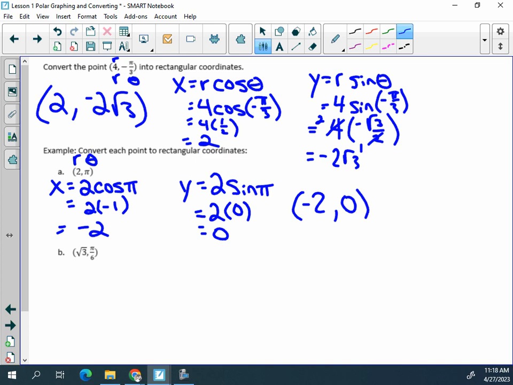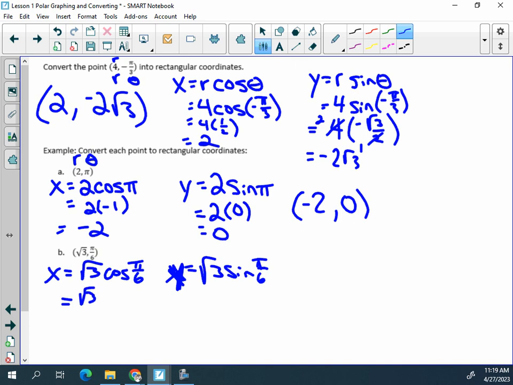All right, then we've got the square root of 3 comma pi over 6. So x equals the square root of 3 cosine of pi over 6, and then y equals square root of 3 times sine of pi over 6. So cosine of pi over 6 is square root of 3 over 2.